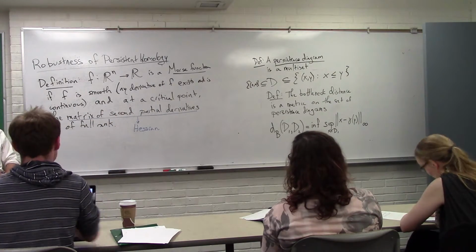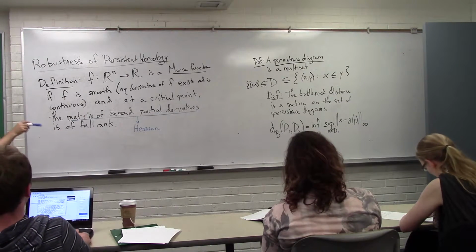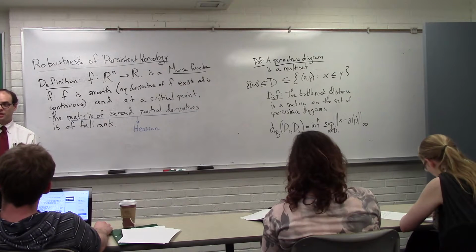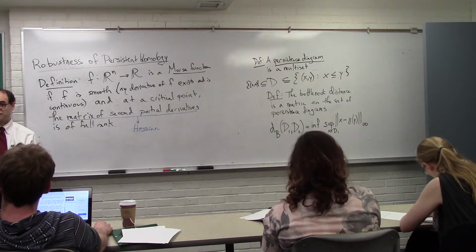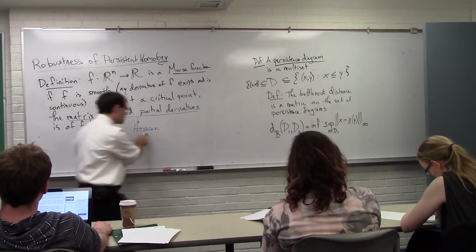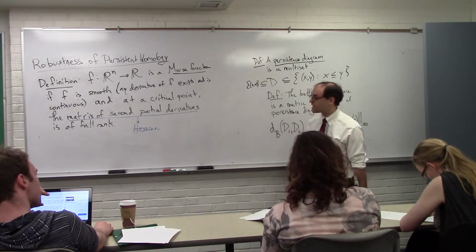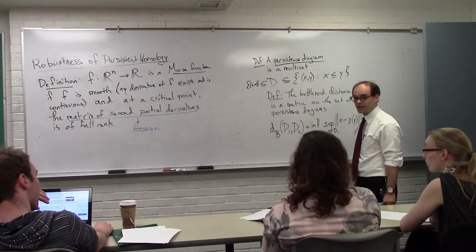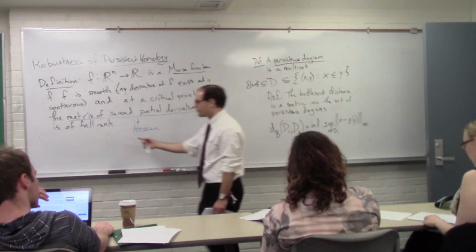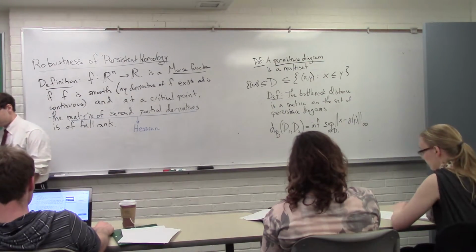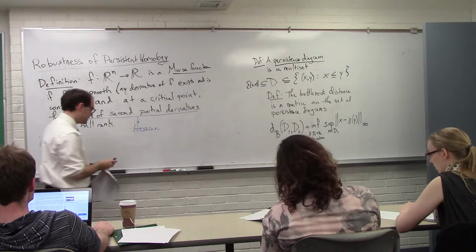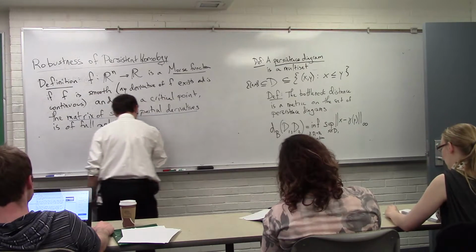I took mathematical econ as a sophomore. What does this mean? This means that if you're at a critical point, it's definitely a maximum, a minimum, or one of those various kinds of saddles. So in particular, that Hessian, that matrix of second partials, is automatically symmetric by the smoothness. And because it's full rank, it doesn't have any zero rows or columns in it. And you can diagonalize this symmetric matrix.